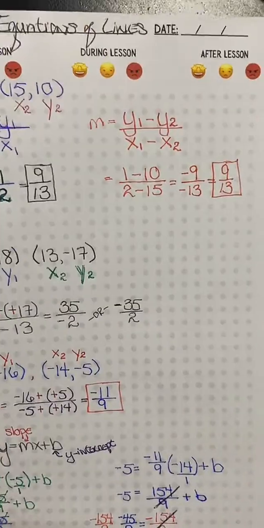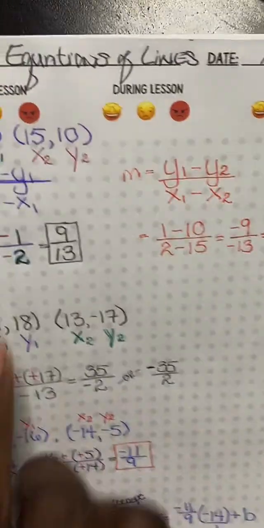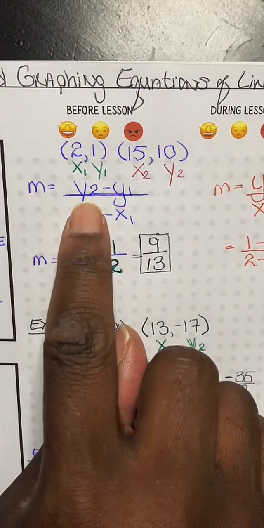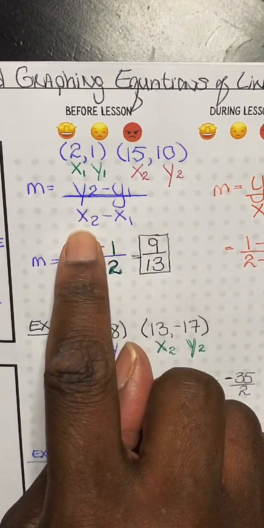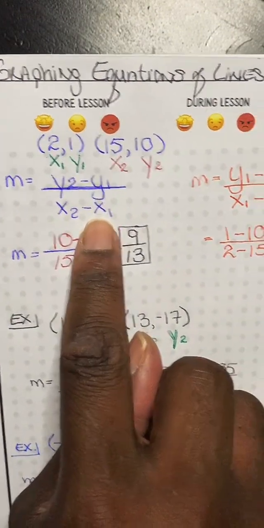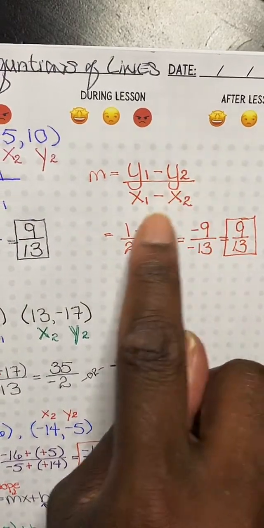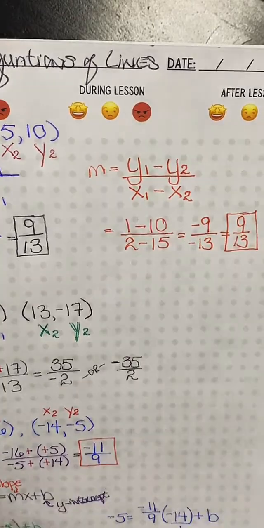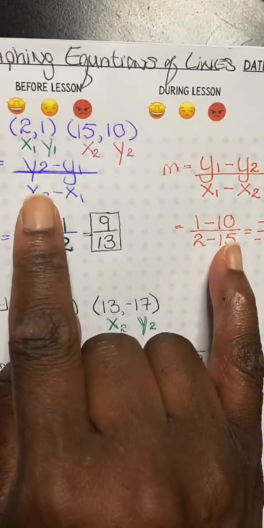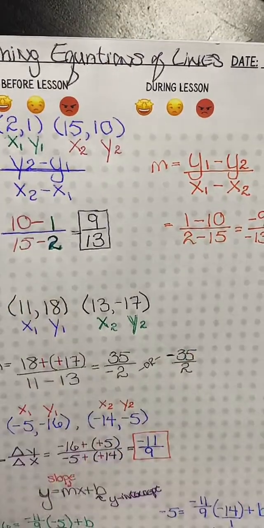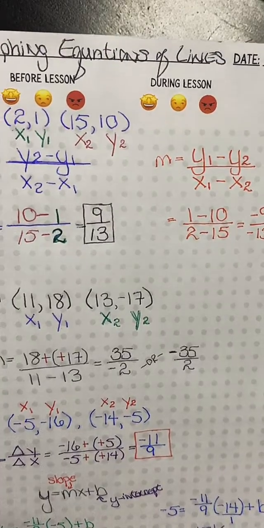Let me flip for a second. Okay, we have either y sub 2 minus y sub 1 over x sub 2 minus x sub 1, or we have y sub 1 minus y sub 2 over x sub 1 minus x sub 2. So you have a choice which one of those equations you're going to use.